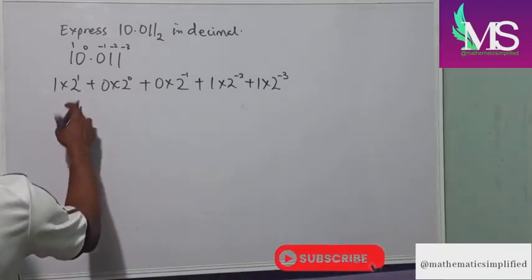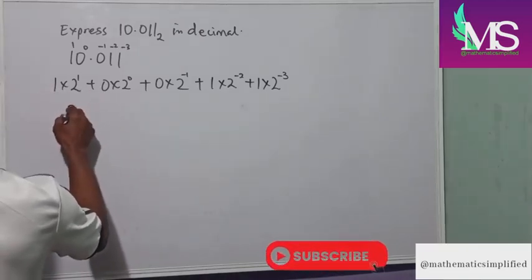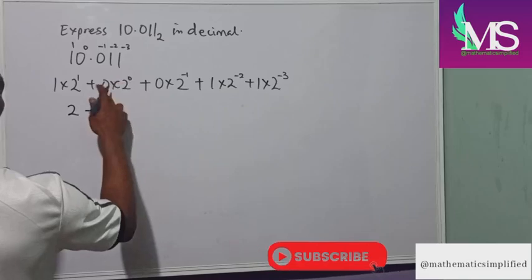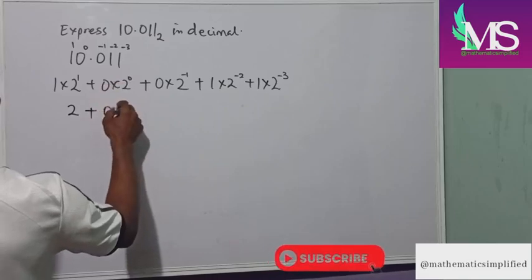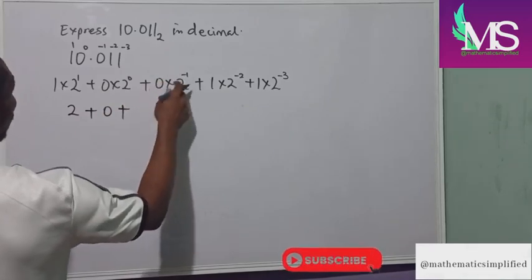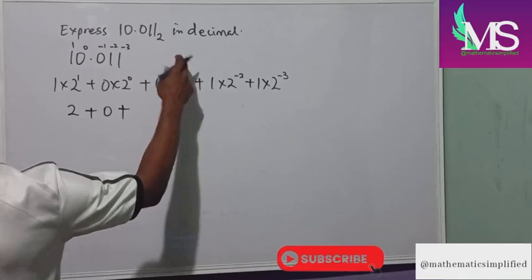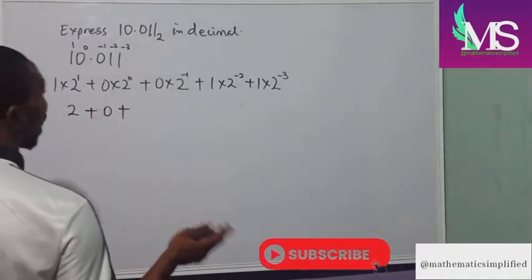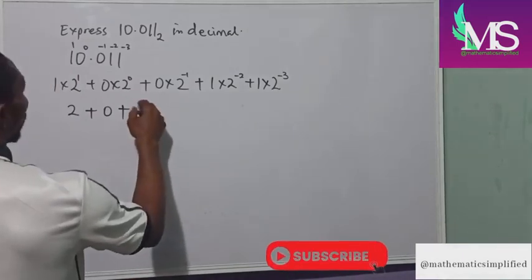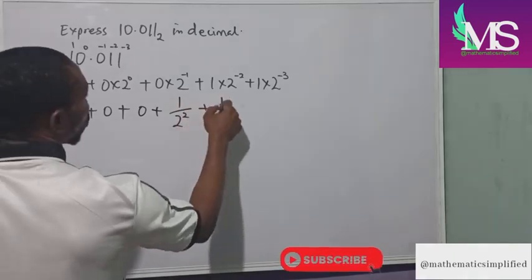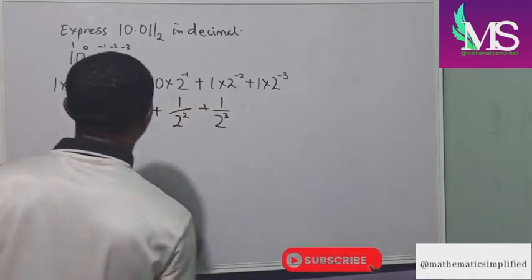2 raised to power 1 is 2, so 1 times 2 gives us 2. 2 raised to power 0 is 1, 1 times 0 is 0. 2 raised to power minus 1 is half, so half times 0 is 0, plus 1 over 2 raised to power 2, plus 1 over 2 raised to power 3.